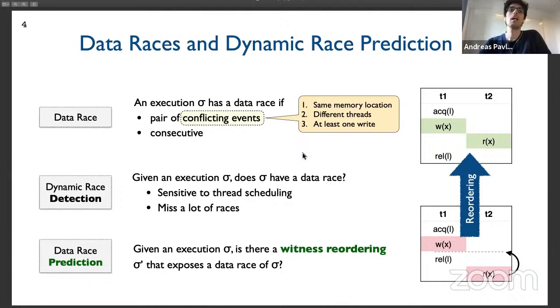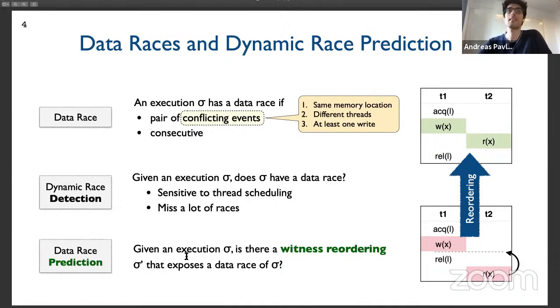The most naive approach is to just do dynamic race detection, which means you observe an execution, keep track of the memory accesses, and find out whether you have 2 that are next to each other and constitute a data race. But these techniques typically have very low coverage. Instead, there's a very promising line of work which focuses on prediction.